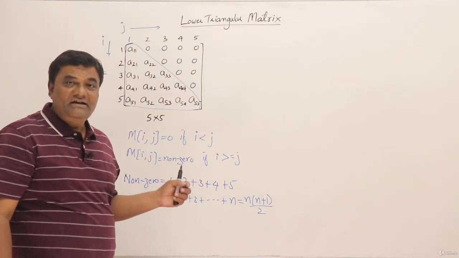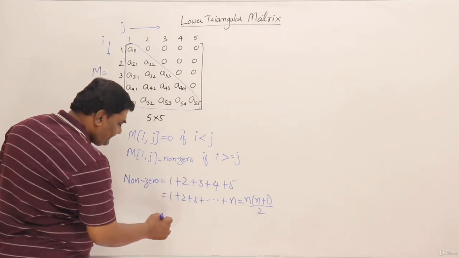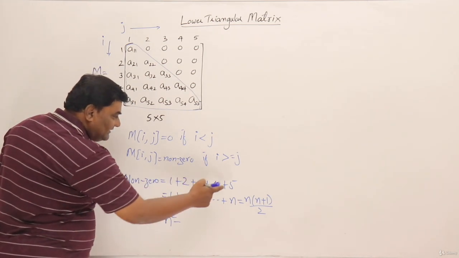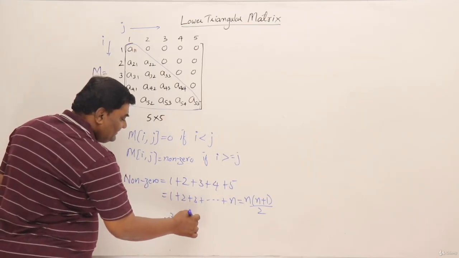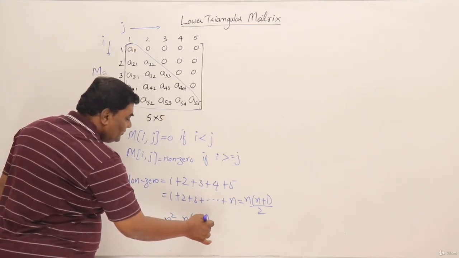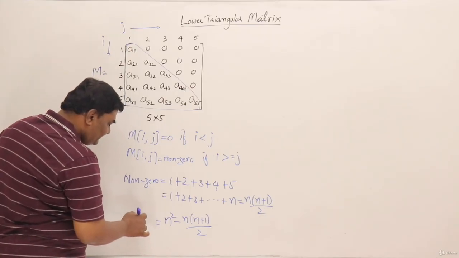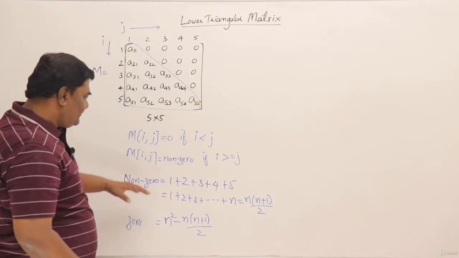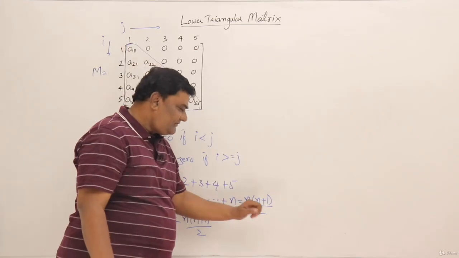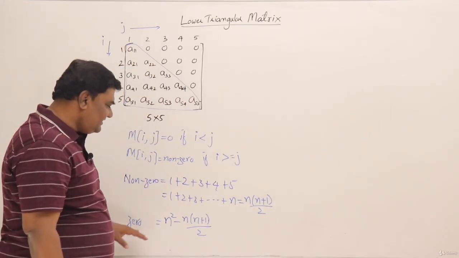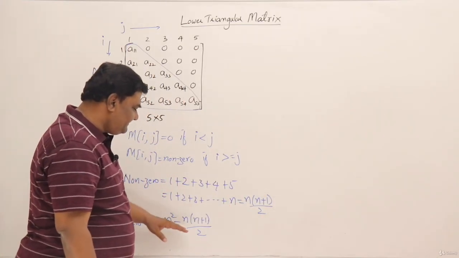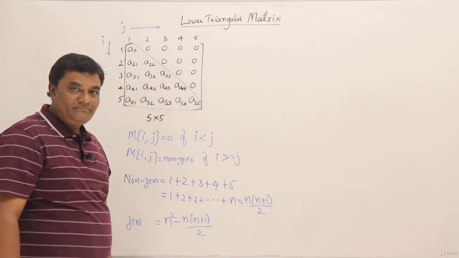In a matrix, total n square elements will be there, and non-zero elements are n into n plus 1 by 2. So if I subtract this, then I get 0 elements. These are 0 elements. So non-zero elements are n into n plus 1 by 2 and 0 elements are n square minus n into n plus 1 by 2.